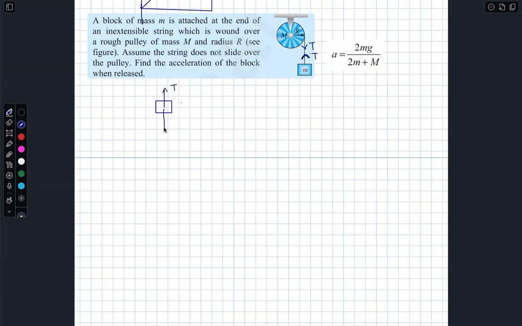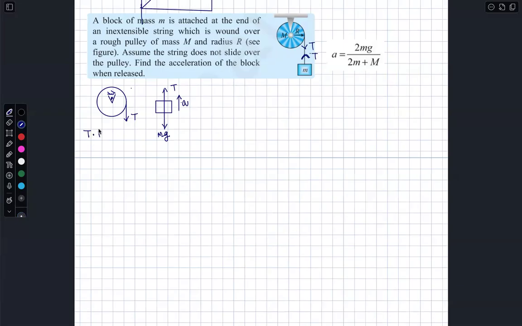The free body diagram, acceleration a, tension T. Now you apply torque equation for this.